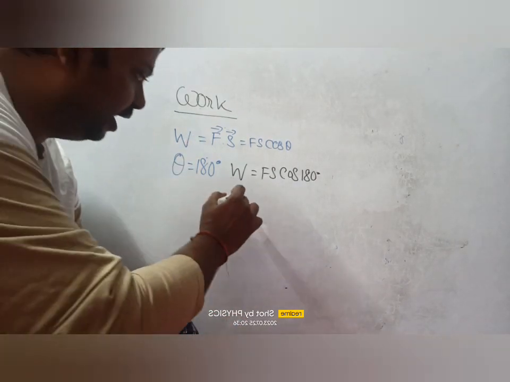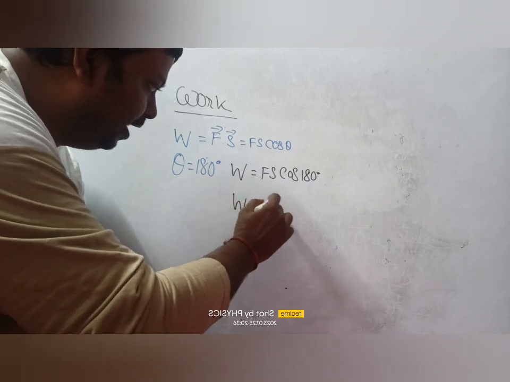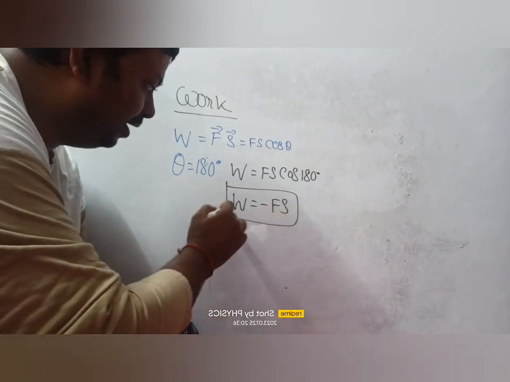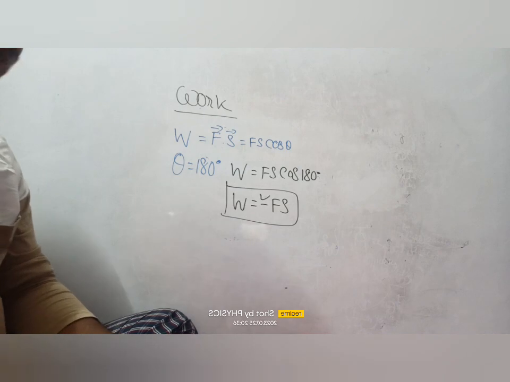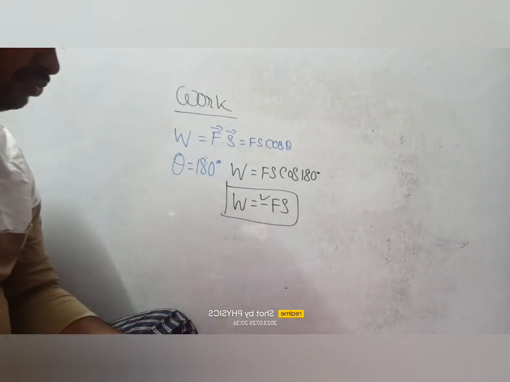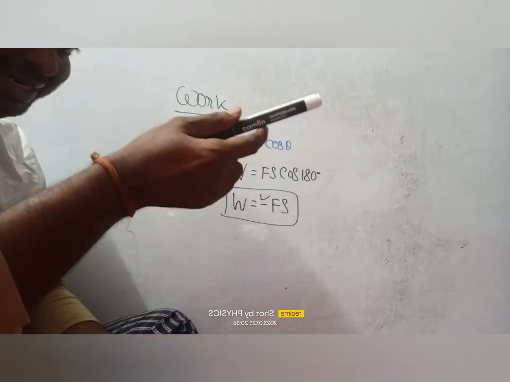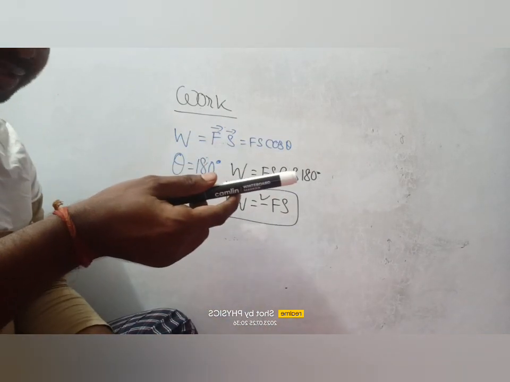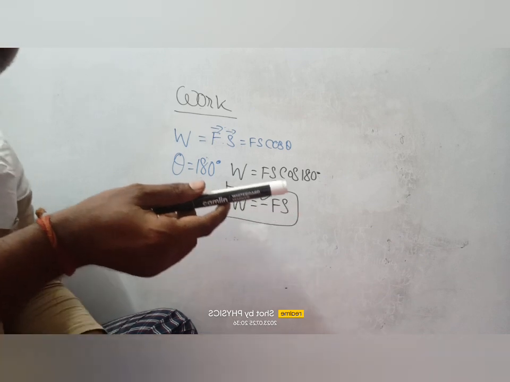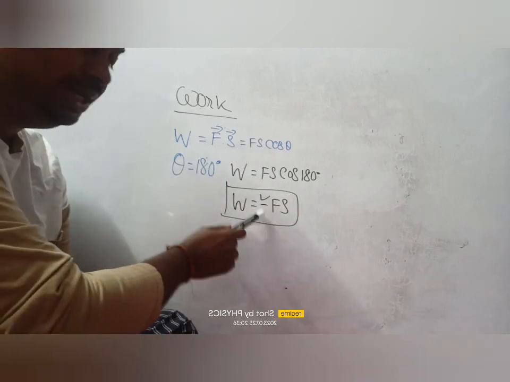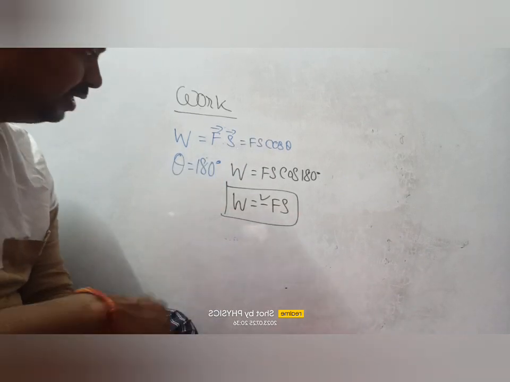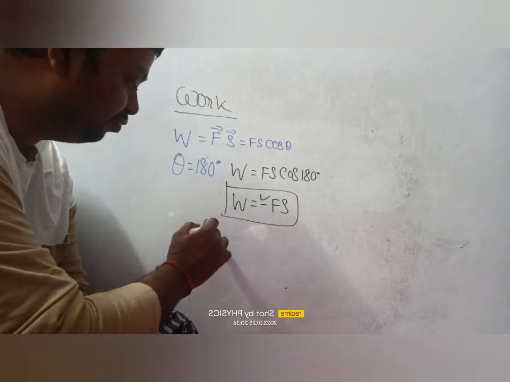It is -1. So we have W equal to minus F into S. What we get is the negative sign. What does the negative sign come from? When a body is lifted in the upward direction, just opposite to the gravitational force acting in that direction, the work done should be negative. That is the work done against the force.